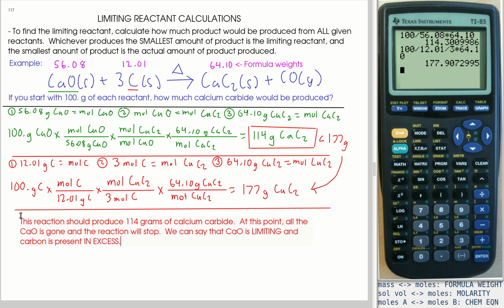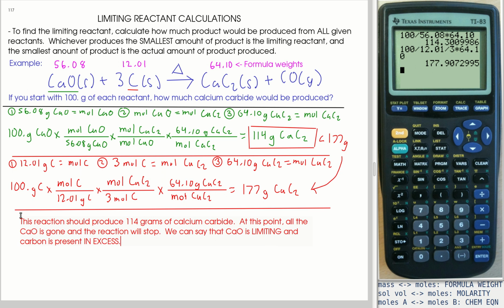So it turns out the number we calculated first was the right answer, but we didn't know it until we got the answer for the carbon for comparison. So if you're trying to figure out which of two reactants is limiting, you can calculate the amount of product that can be produced from both, and then just take the smaller number. That will be the actual amount of product produced.